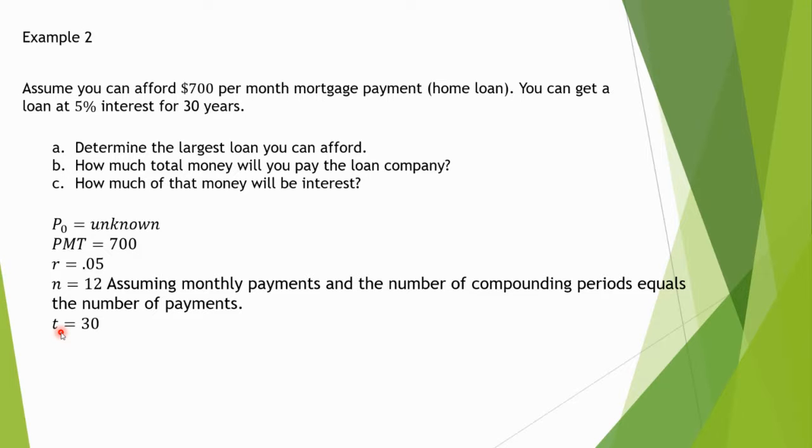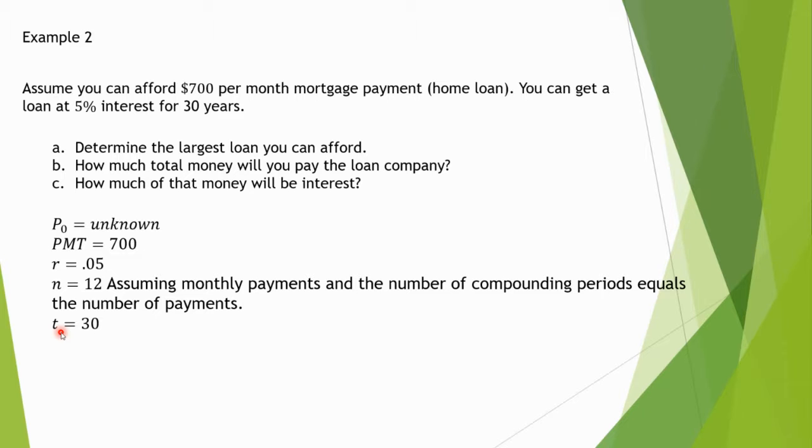Well, for the largest loan, we're going to use our formula, and P0 is our unknown, right? That's the initial balance. That's how much we get. That's the loan. We want to know basically the largest P0 can be. We have our PMT, that's 700.